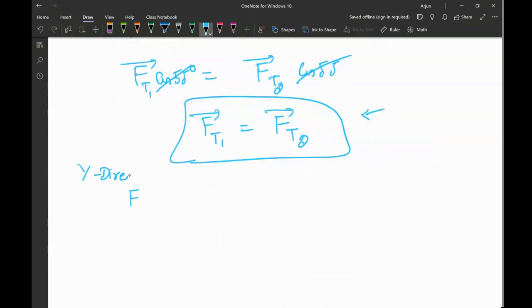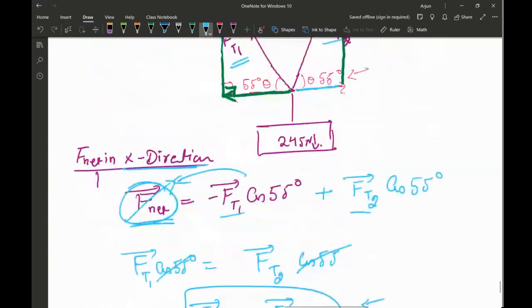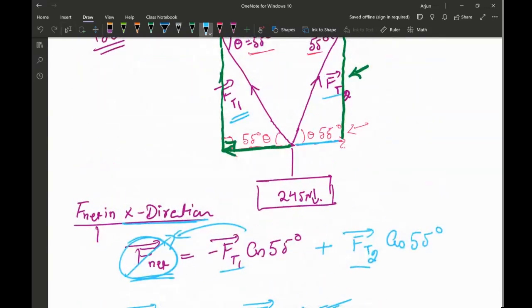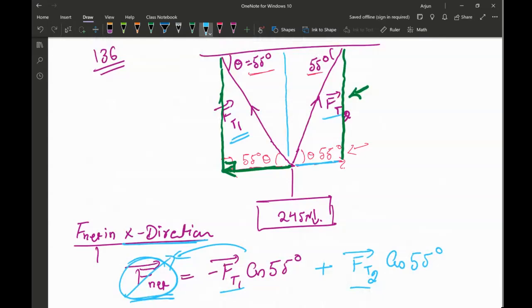Now I'm going to try and solve this in the y direction. So f net is equal to ft1 sine of 55. This is positive because this is acting in the upward direction. So this is how it's going to be. This is ft1 sine 55 degrees from here.